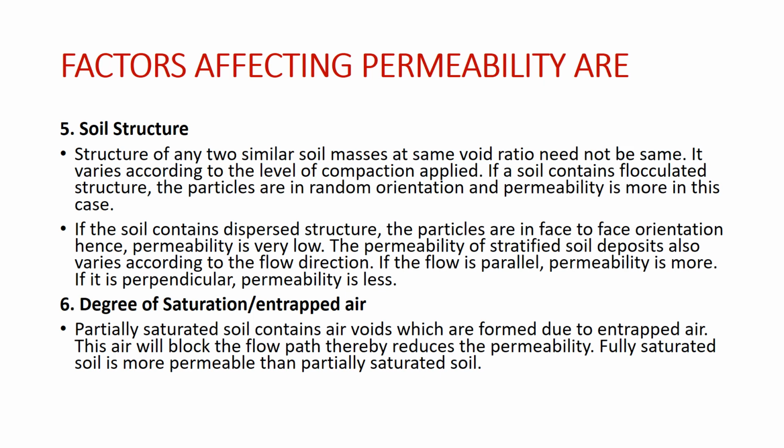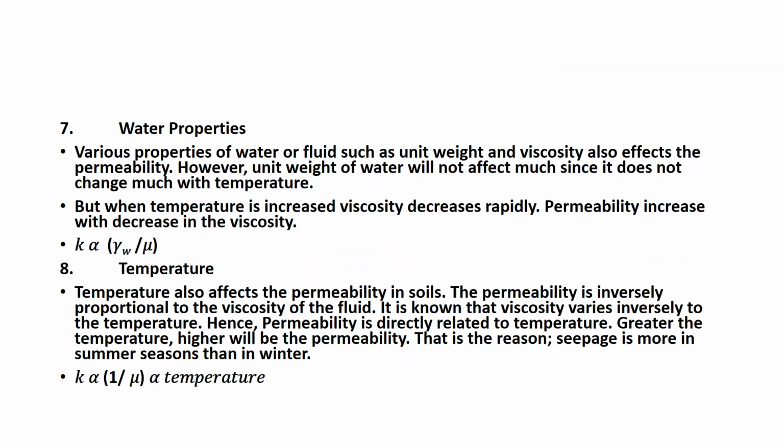Degree of saturation and entrapped air: fully saturated soil has more permeability than partially saturated soils. It is because partially saturated soil contains air voids which are formed due to entrapped air. This air blocks the flow path and thereby reduces the permeability.